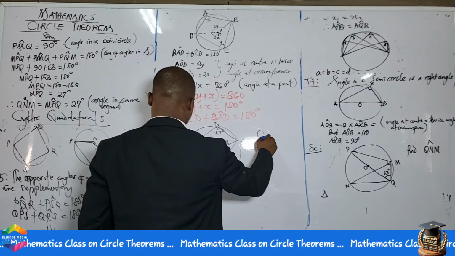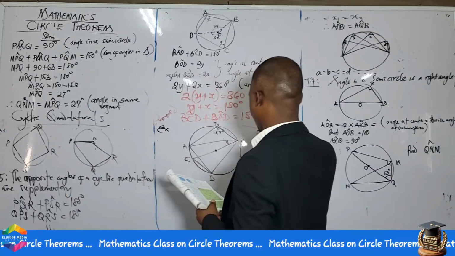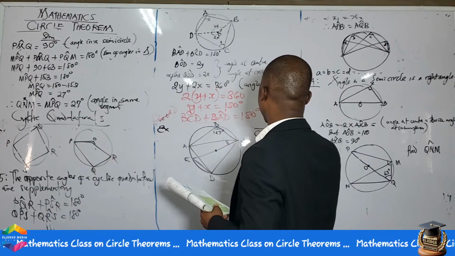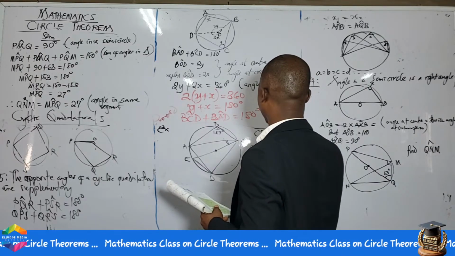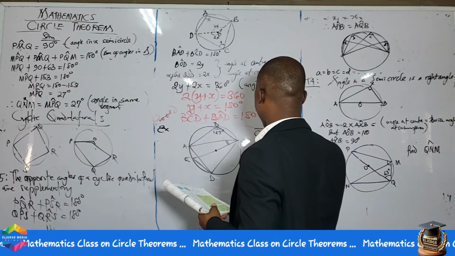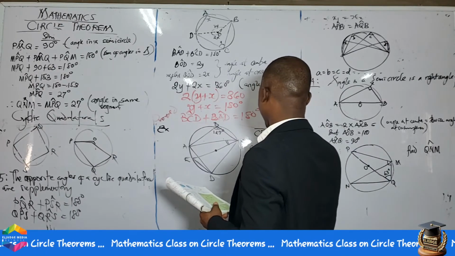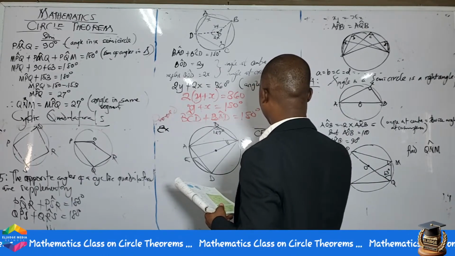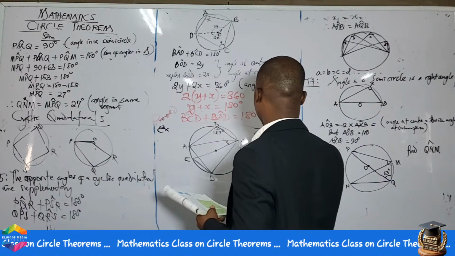We are told that CE is the diameter of circle ABCDE. If angle ABC is 127 degrees, find angle ACE.